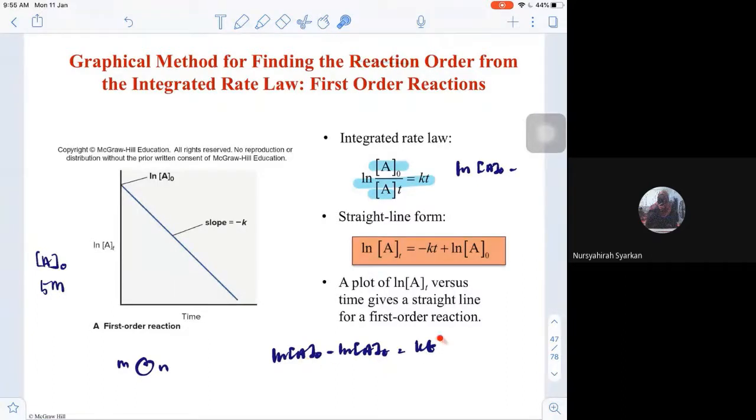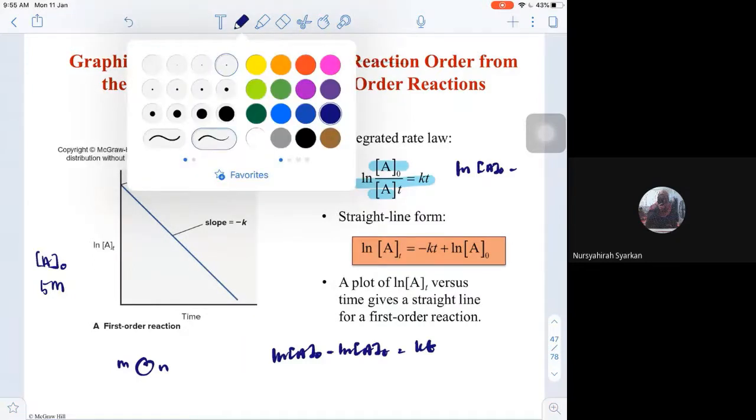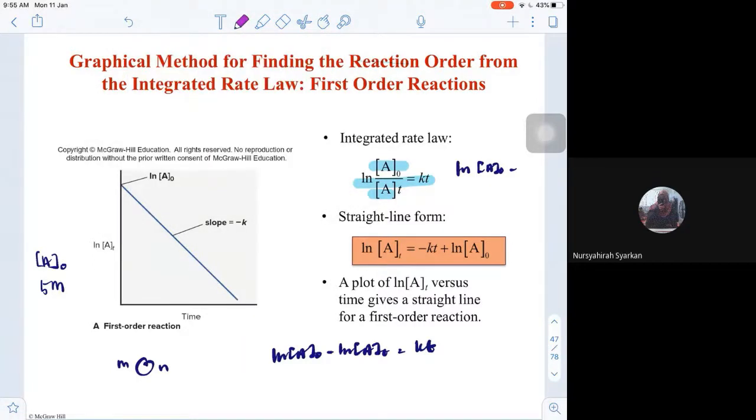So if we compare this to the straight line equation y equals mx plus c, we can say that k is like m, t is x, ln At is y, and ln A naught is c. So when we rearrange the equation to make it y equals mx plus c, we get ln At equals negative kt plus ln A naught.